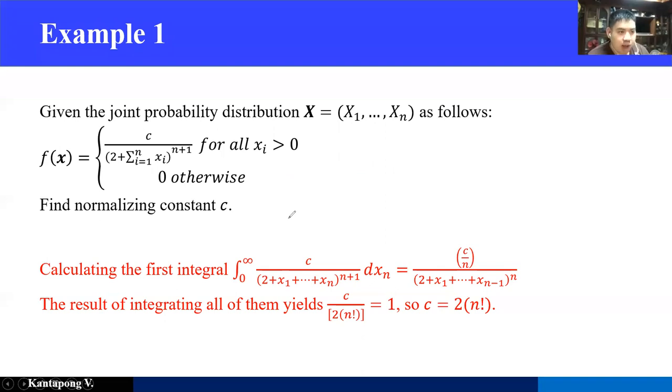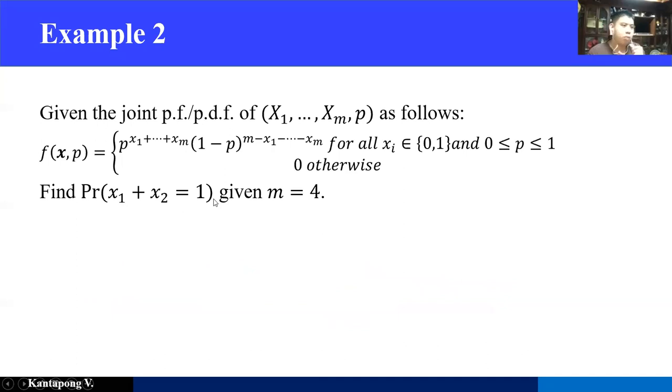So we have to take the integration. This is tedious, but it's not difficult. After a few integrations, you see the pattern and we get this equation. So C is equal to 2 times n factorial. The concept is the same, you see.